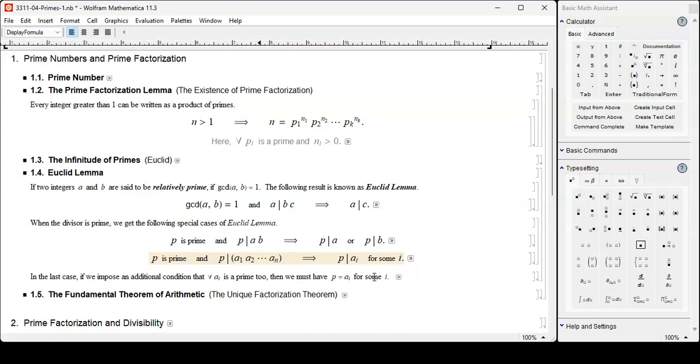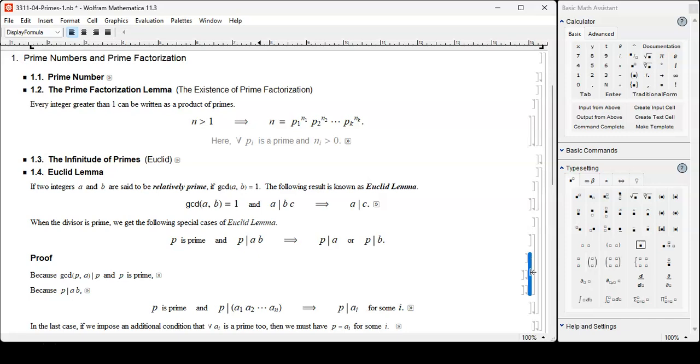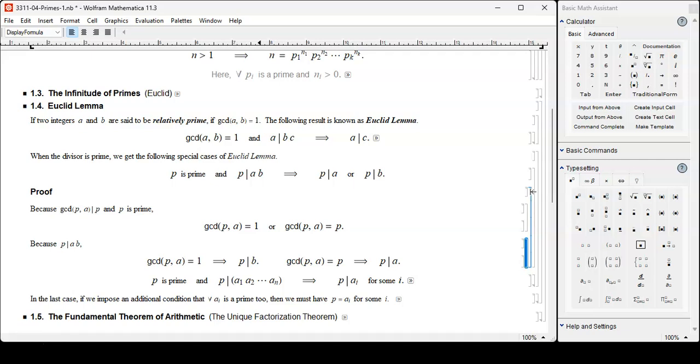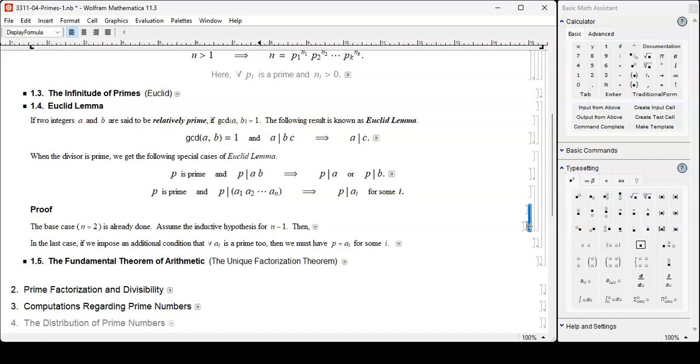But of course, that argument is imperfect because I'm using the prime factorization idea to eventually prove prime factorization in the fundamental theorem. So I cannot do that. I have to go through a little bit harder way through Euclid's lemma and Bezout's linear combination expression and things like that. As for the proof, they're all here. So I'll just leave those to you. This one too.